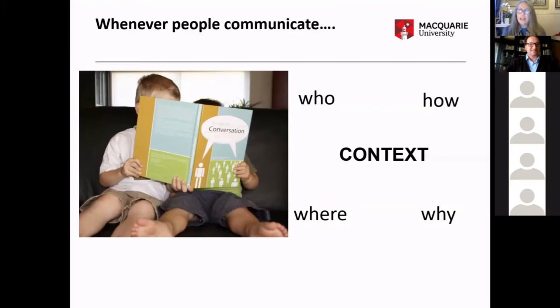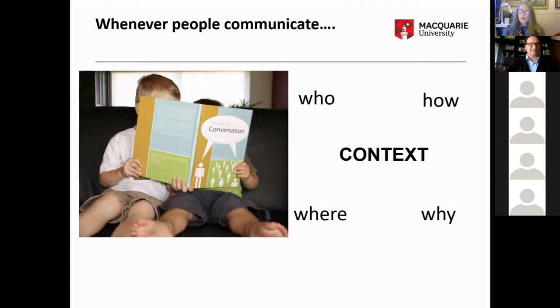And this is all the area that pragmatics covers. The fourth thing we have to think about with context is why the people are communicating. What are they trying to say? And what's the actual purpose of what they're saying? And the way that we communicate, what we say and don't say, has got a lot to do with what we think people already know. That is what we can consider to be mutually assumed knowledge.